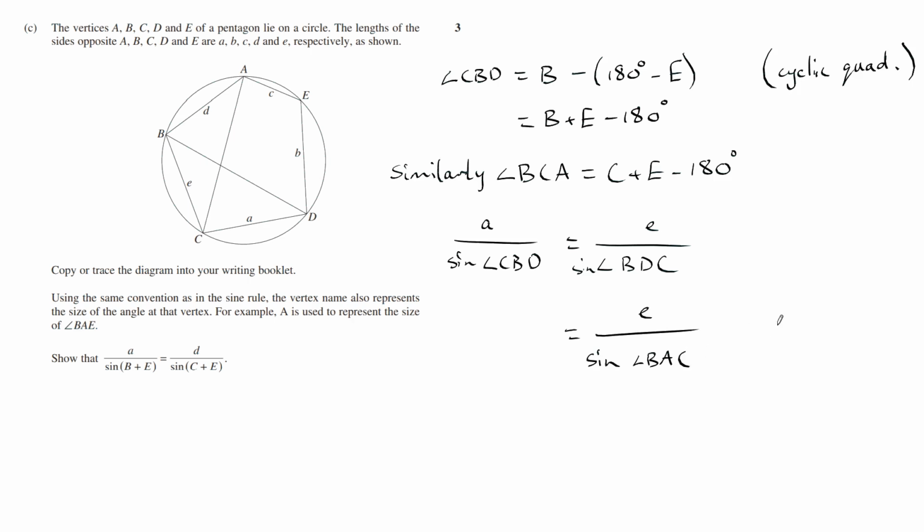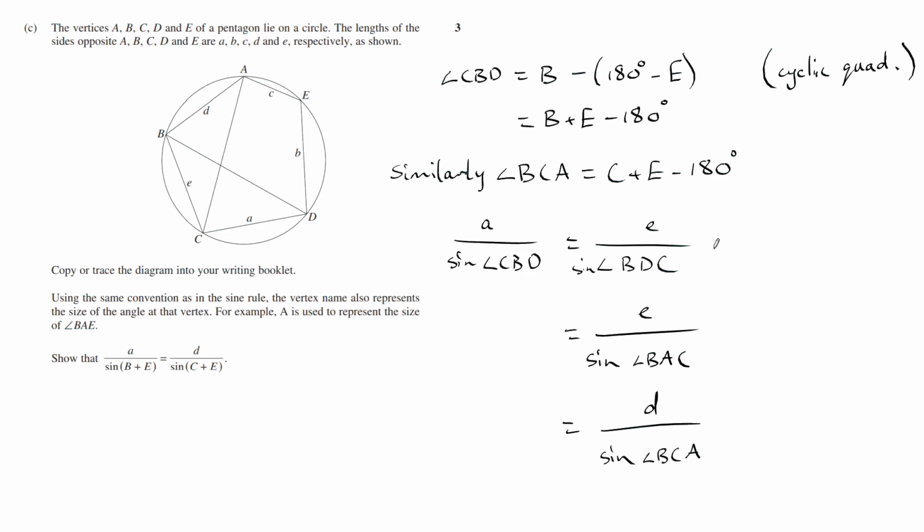You'd put an explanation here about angles standing on the same arc, BC. And then, by the sine rule in this triangle, that's the same as D on its opposite angle, which is angle BCA. And the explanation here would be sine rule in triangle ABC.